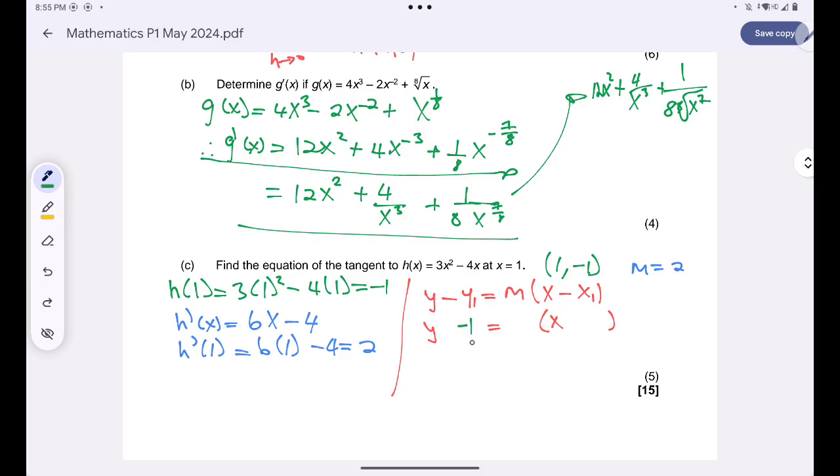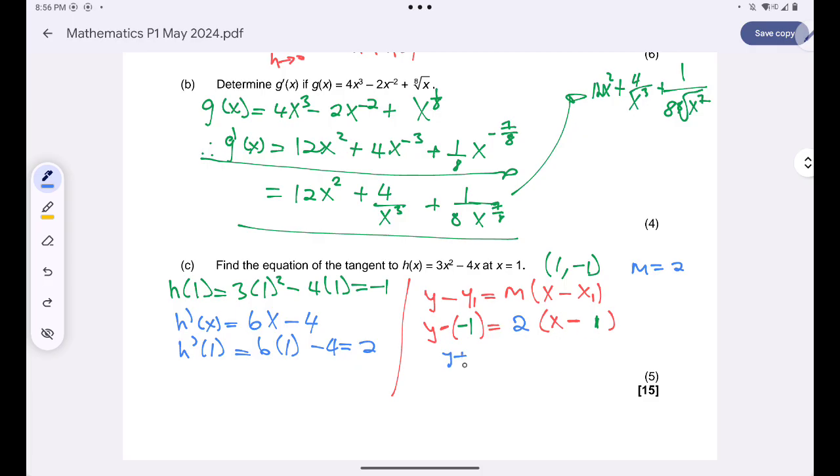I have negative 1 there, and then there's a 1 as well. Remember that the gradient is equal to 2. All right, together, I still have y minus y1 is equal to m times x minus x1.